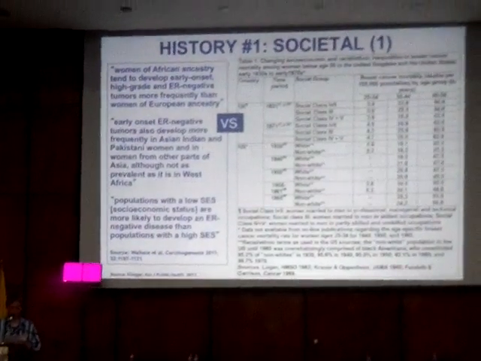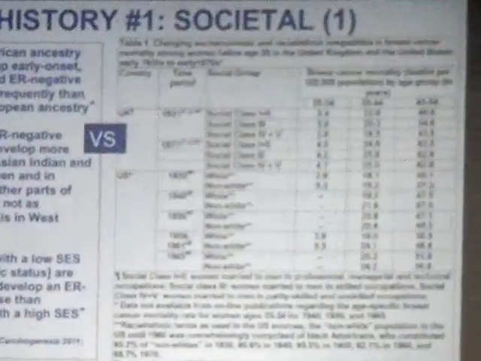Moreover, in both countries, the proportion of breast cancer deaths under age 50 in the 1930s was also far higher than is observed today, and that would be expected given the shorter life expectancy back then.